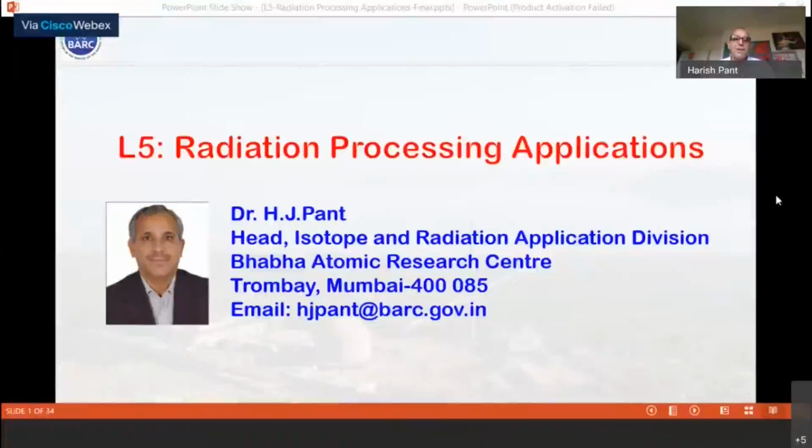First category was the radiometry or densitometry applications, and the radiography applications. Third was the tomography, and fourth was nucleonic gauges in industry, and fifth was radiation processing application.